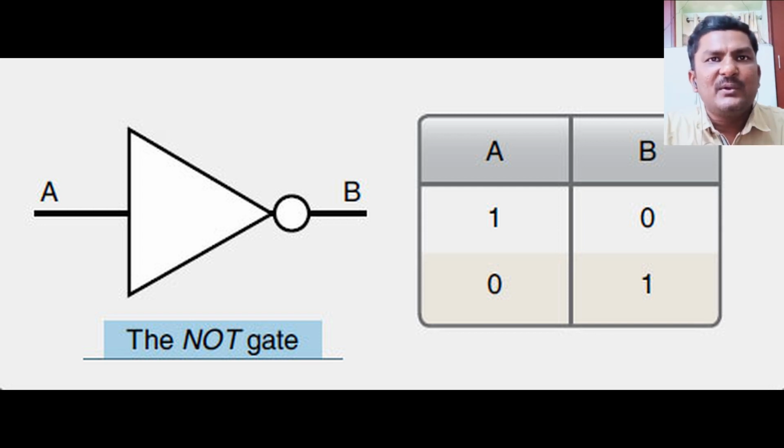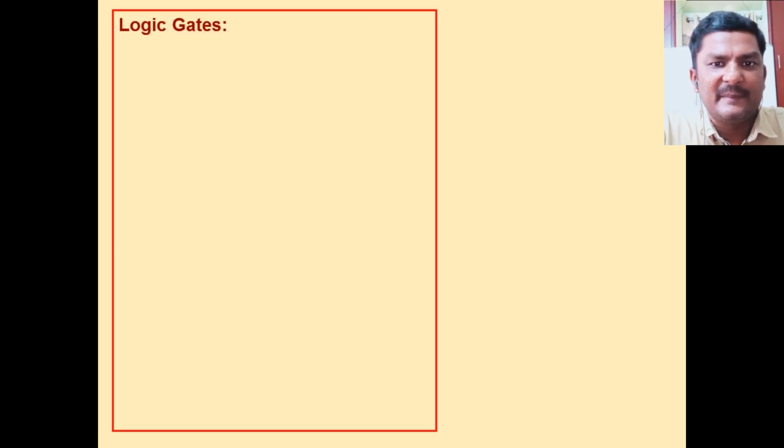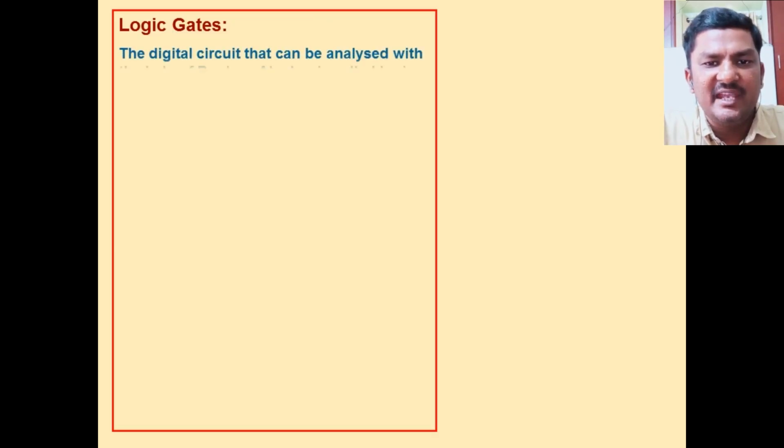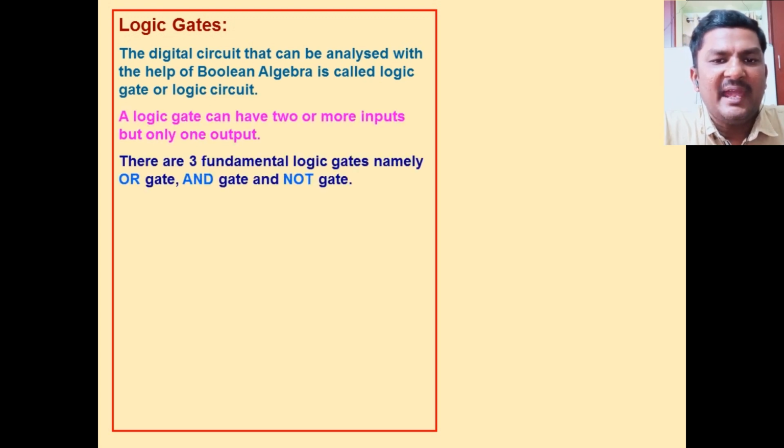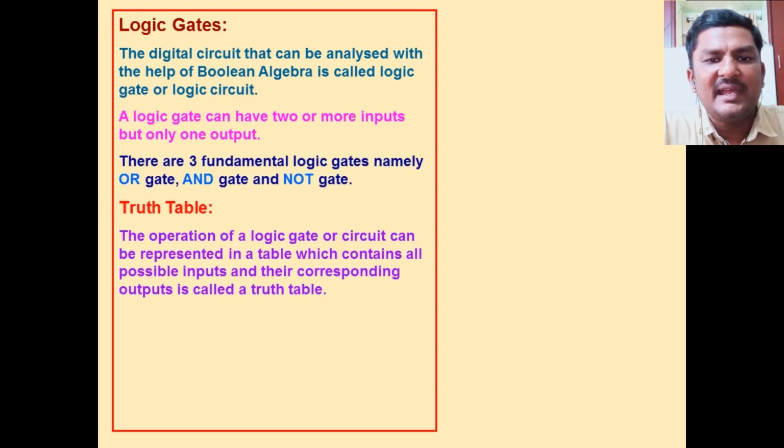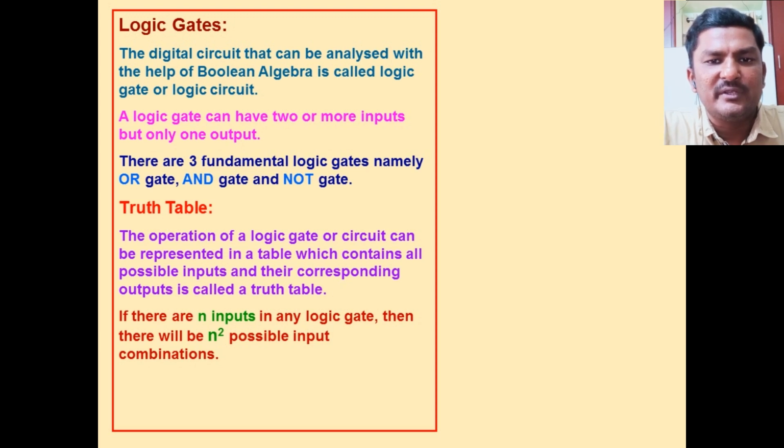A digital circuit analyzed with the help of Boolean algebra is called a logic gate. In a logic gate, we have two or more inputs, but there is only one output. There are three fundamental logic gates, and those are OR gate, AND gate, and NOT gate.